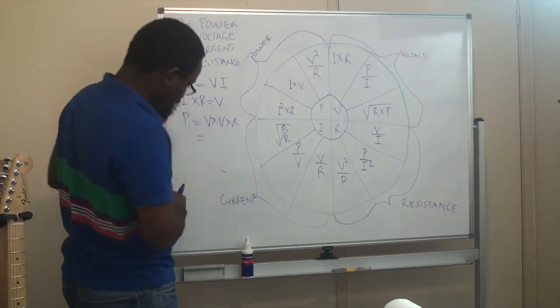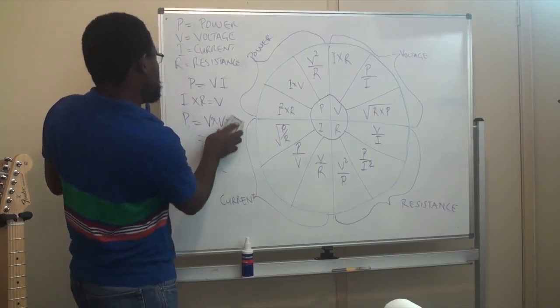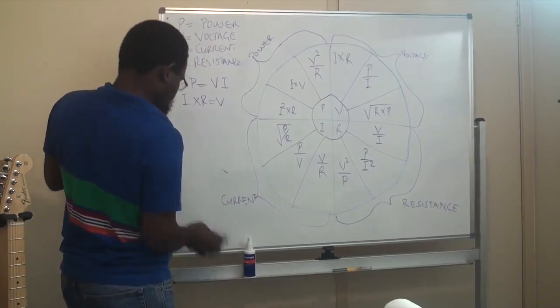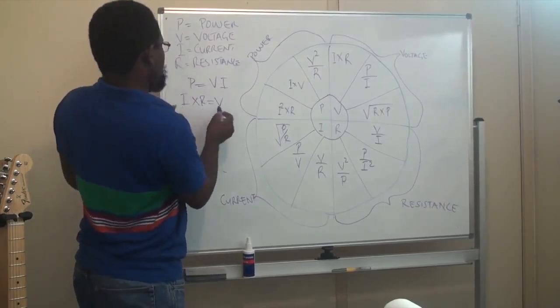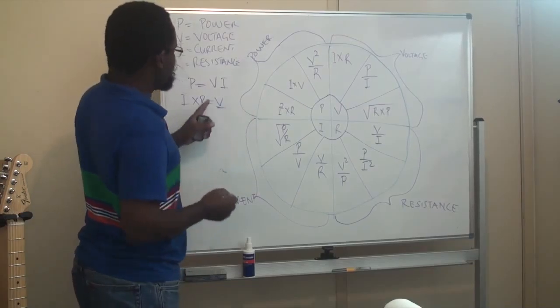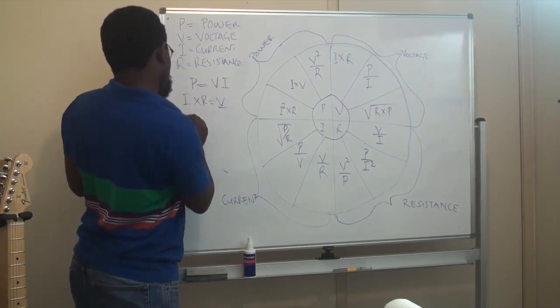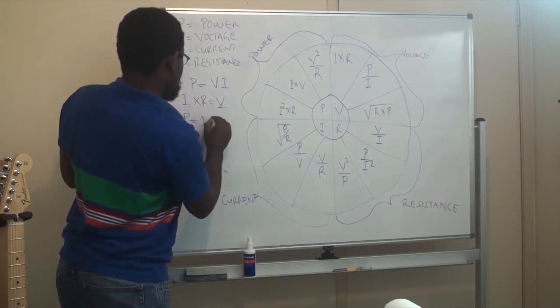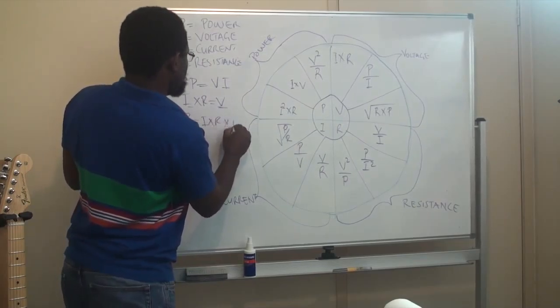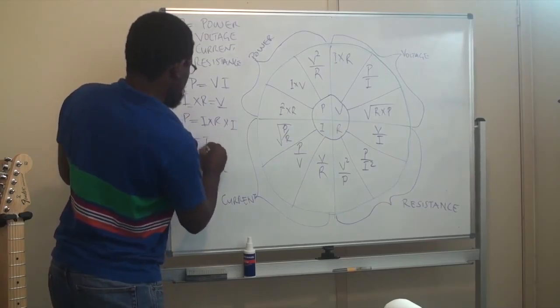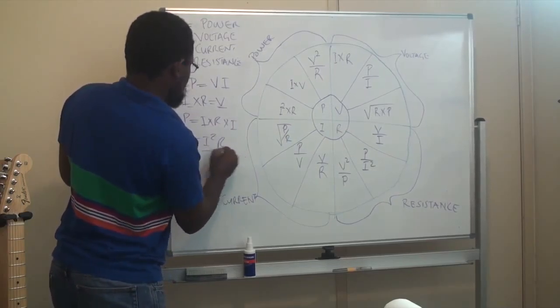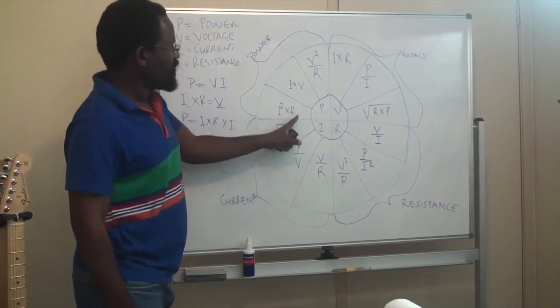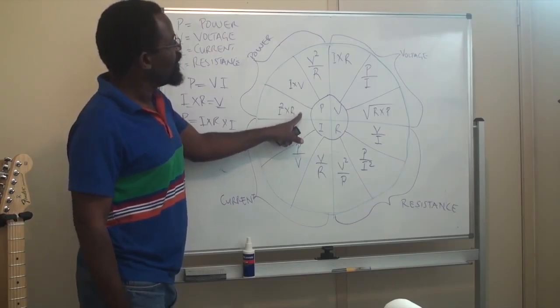Well, we made a mistake here, so let's start again. I want to substitute V into there. So power is equal to I times V, which is I times R times I, which is I squared R. That's our power there.